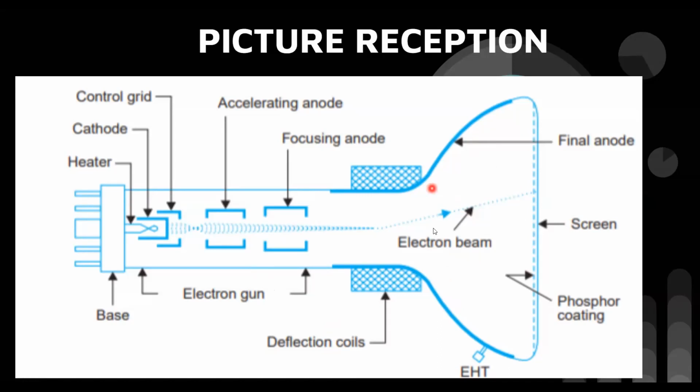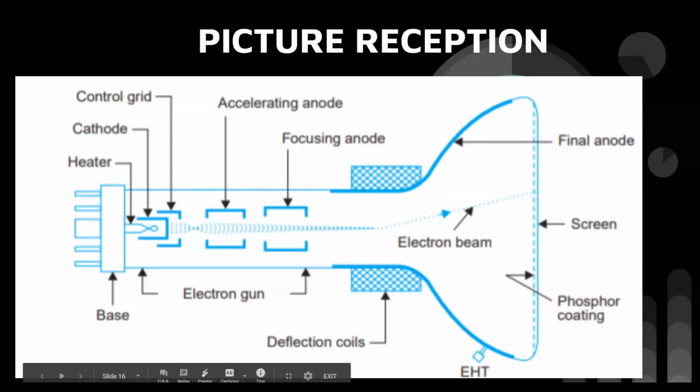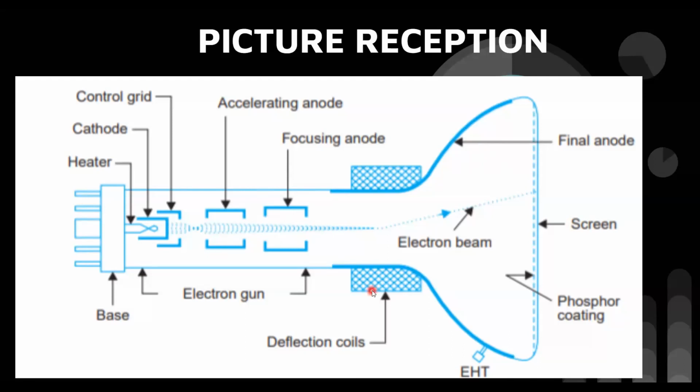If the grid voltage is negative enough to cut off the electron beam current at the picture tube, there is no light. Dear students, light is simply bright or dark. Bright is indicated by 1, dark by 0 in TV or image terminology. This is how you get dark and bright lights on the fluorescent screen.